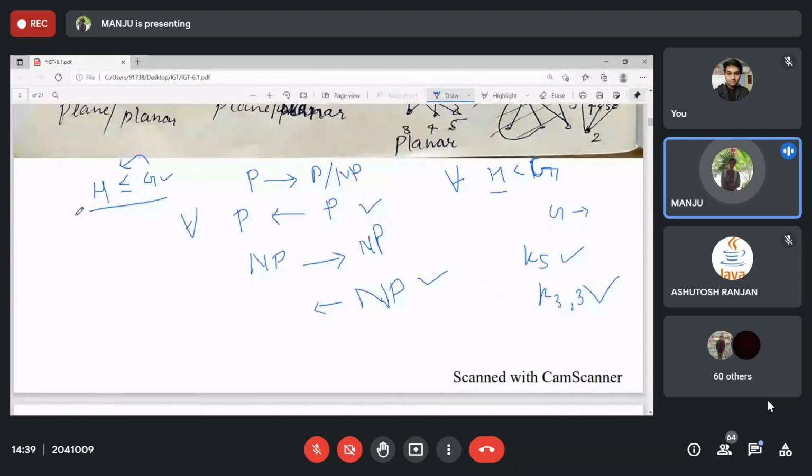If they ask you to give one example of such G where all the subgraphs are non-planar or all the subgraphs are planar, that can be only a proper subgraph, not the equality, right?